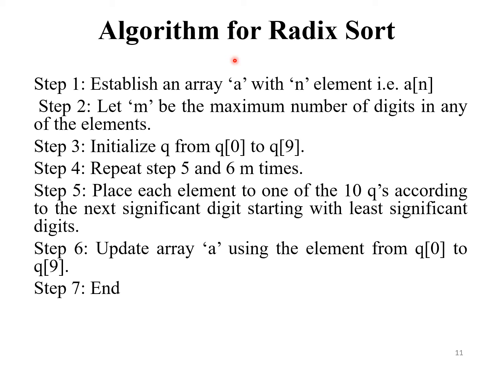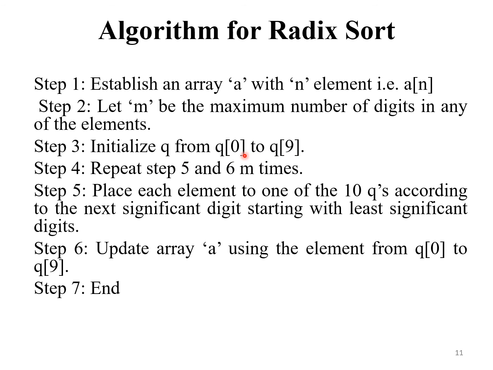Algorithm for Radix sort. Step 1: Establish an array A, where A is the array name with n elements. N is used for the number of elements, that is A of n. Step 2: Let m be the maximum number of digits in any of the elements. Variable m is used for the maximum number of digits. Step 3: Initialize Q from Q0 to Q9.